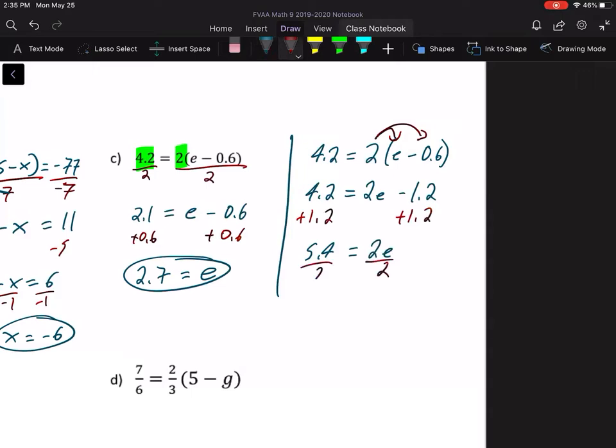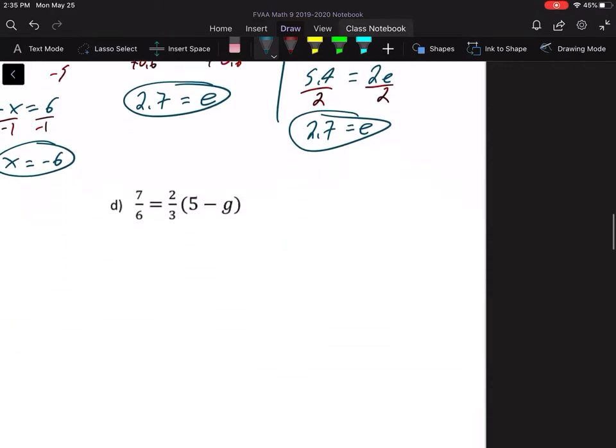Divided by 2, e is equal to 2.7. Same thing. Okay, distributive property, or just if it makes sense using the other strategy, either way works.